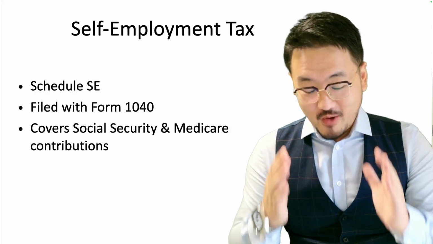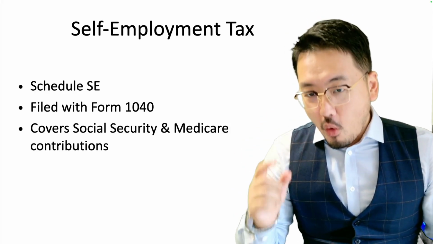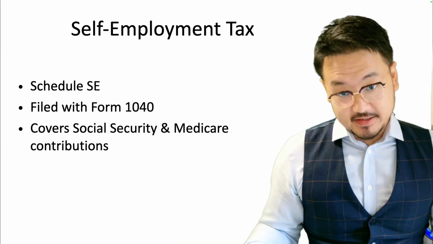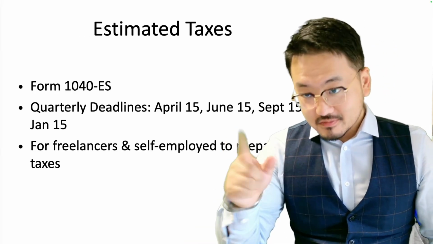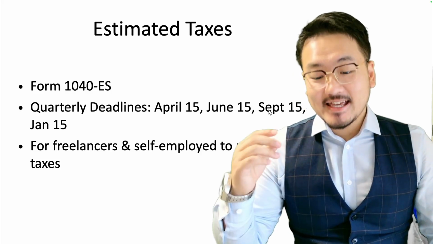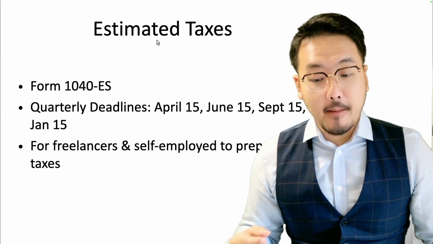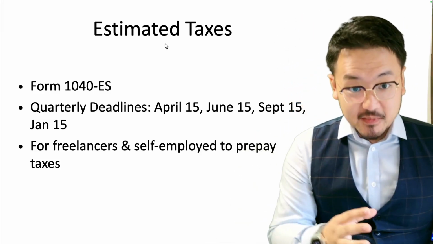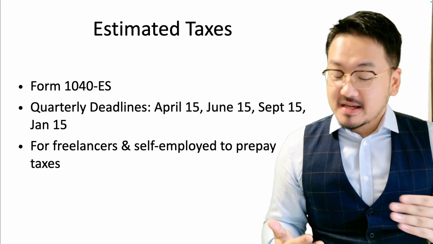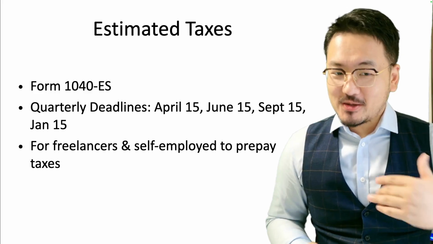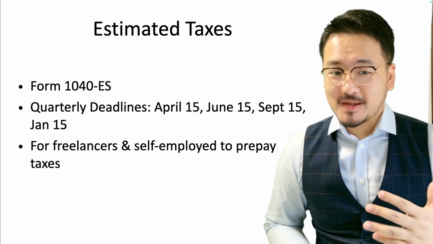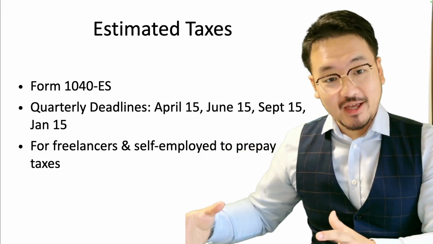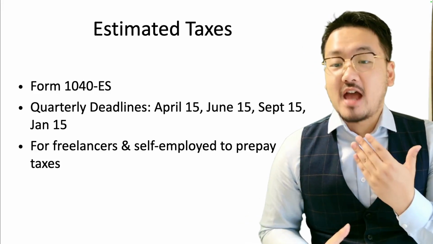But wait. If you owe more than just once a year, you also need estimated tax. That's Form 1040-ES, ES for estimated taxes. And the date is a little bit different. Because it's estimated, you're going to constantly check in with the IRS, so every quarter is a quarterly check-in, and every quarter you have to file that.